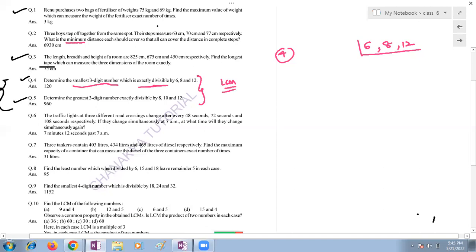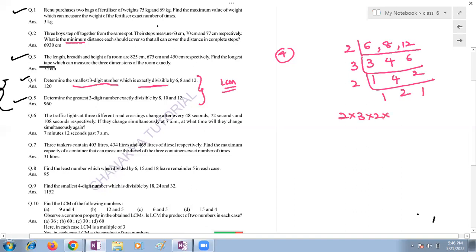Ma'am, but in LCM we are not having. Listen. First, LCM means 2 3s are 6, 2 4s are 8. Again it will be divisible with the 3 table. 3 1s are 3, 3 4s are 12. Again the 2 table. 2 1s are 2. You can stop here. What is the LCM, Nana?